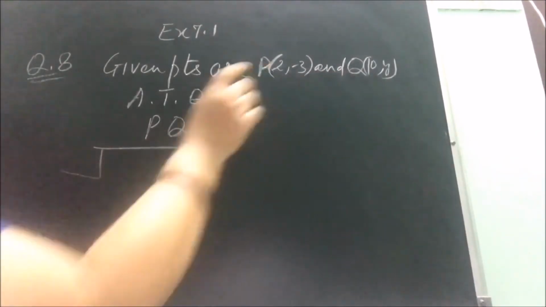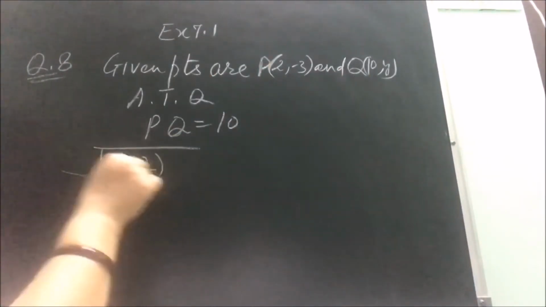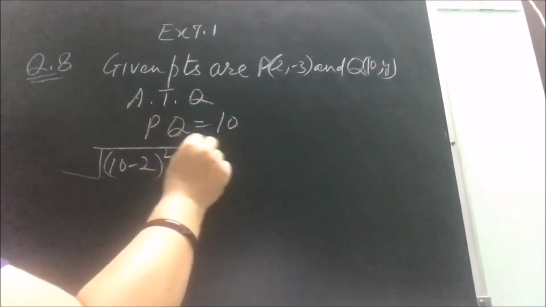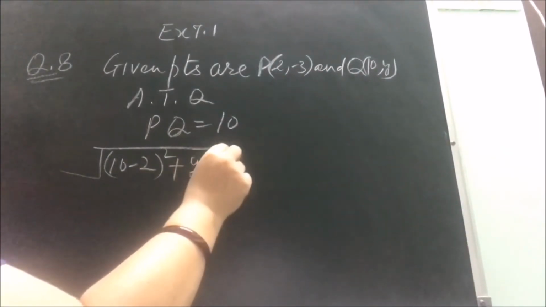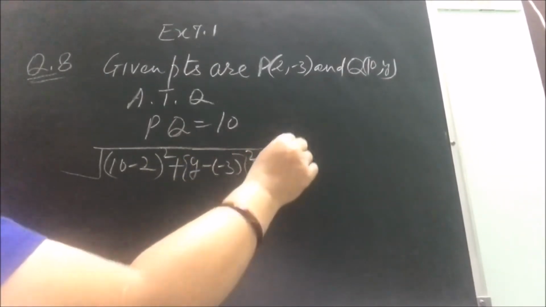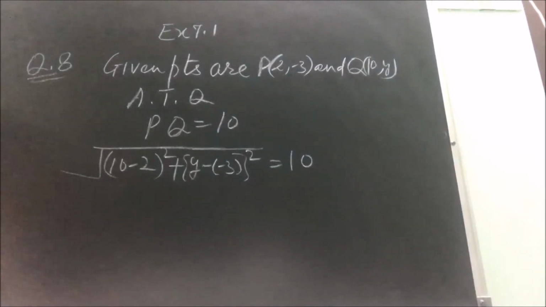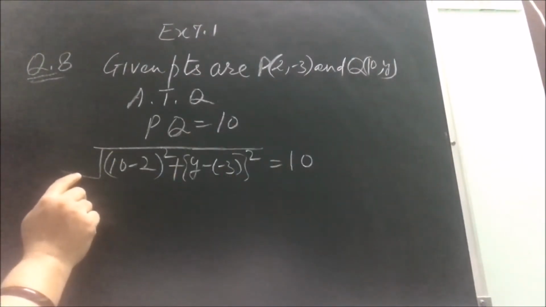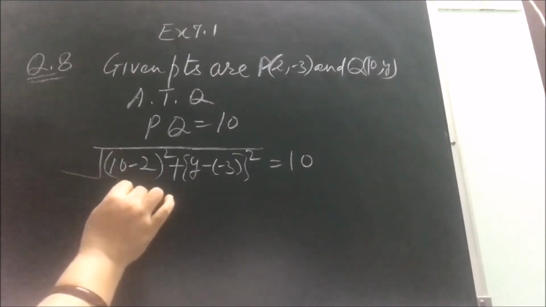Difference of x coordinates, 10 minus 2, square, plus y minus -3, the difference of y coordinates, square, is equal to 10, right?